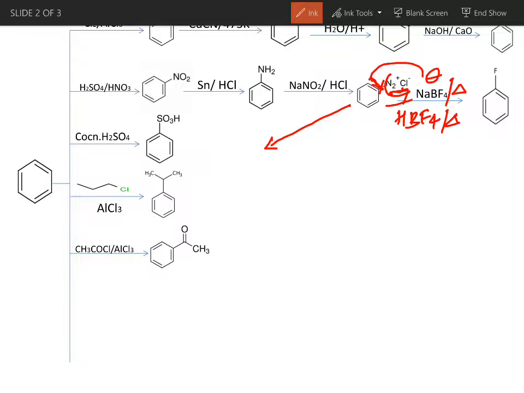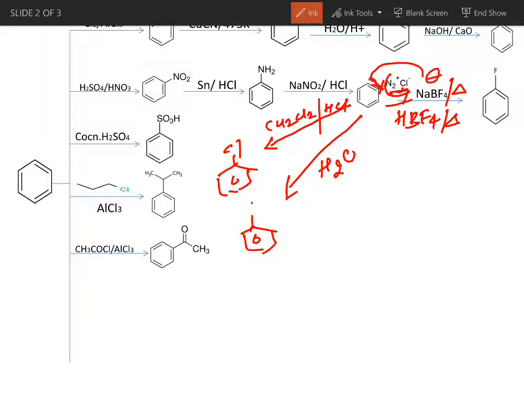If benzene diazonium chloride is reacted with copper chloride, that is cuprous chloride, in presence of HCl, it gives the product chlorobenzene. If it is reacted with water, the compound formed here will be phenol. If it is reacted with CuCN in presence of HCN, it will form benzonitrile, cyanobenzene.